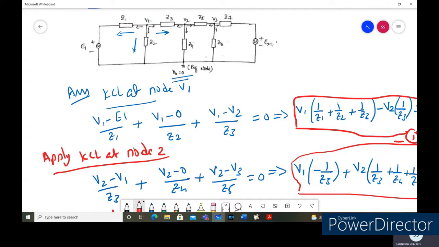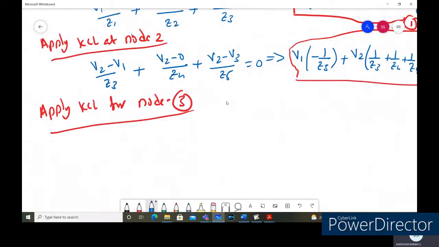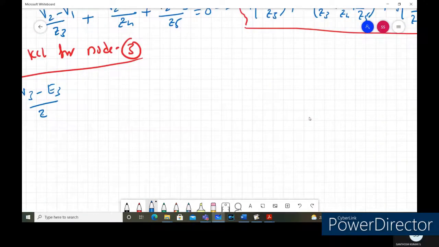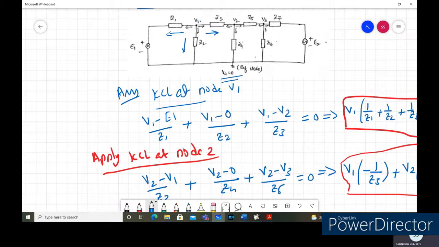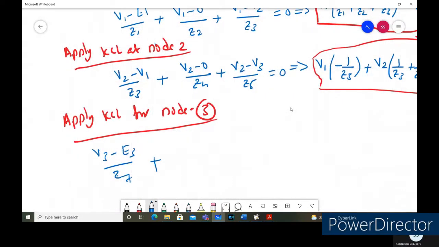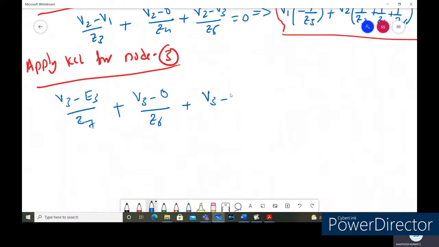So it is (V3 minus E3) divided by Z7, plus (V3 minus 0) divided by Z6, plus (V3 minus V2) divided by Z5, is equal to 0.